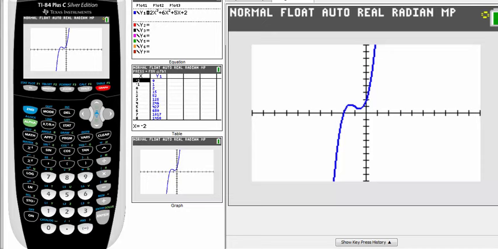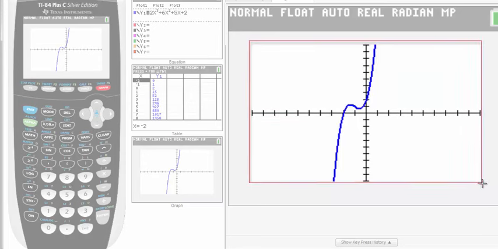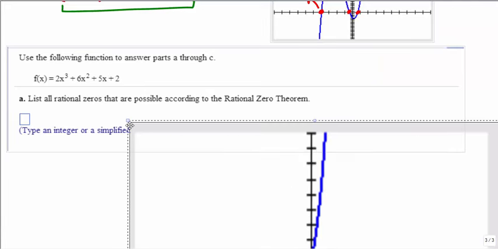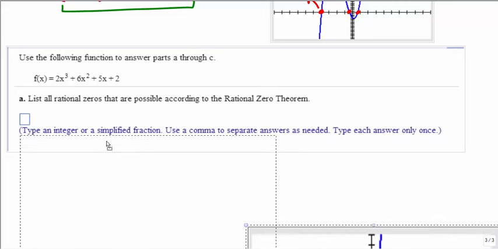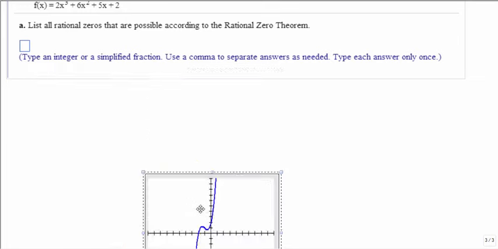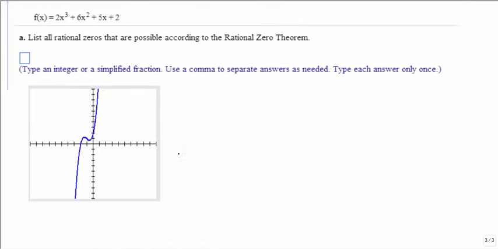So looking at this scale really clarified that I'm only looking for one solution here, because it's only touching the x-axis one time. Okay, so we know before we even start we have one solution, and it looks to me like that solution is -2.